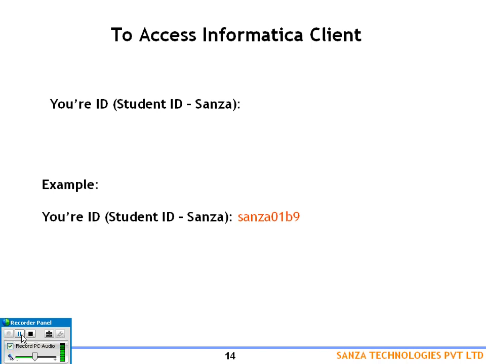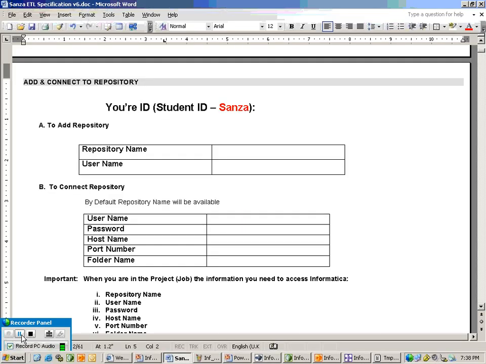So in your ETL specification document, on page 2, under student ID, please enter the ID which we have provided you, for example stanza 01B9. Whatever ID we provide you, please enter it in this document.